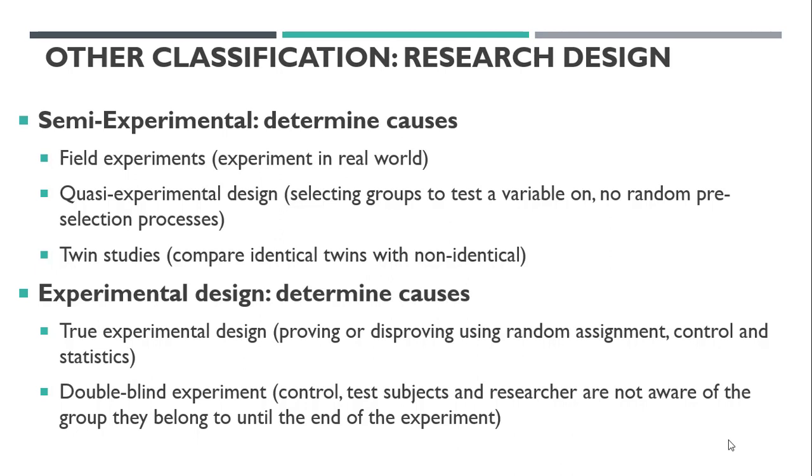We have also the twin studies, whereby you compare identical twins with non-identical twins. They use this in the medical field, whereby they want to test maybe drugs or treatment and so on, or conditions, to see how it affects. So identical twins have similar genes and things like that, and the non-identical twins are kind of different.